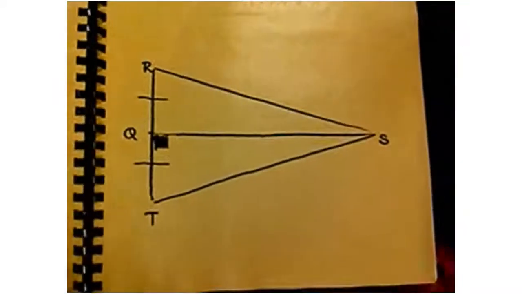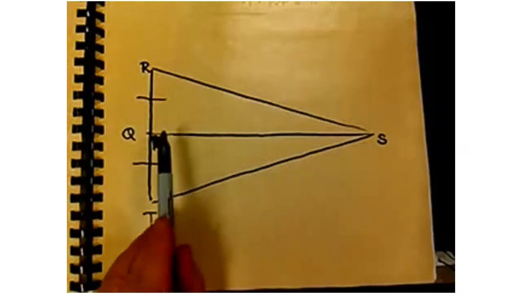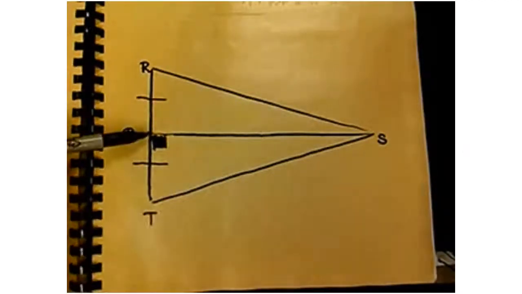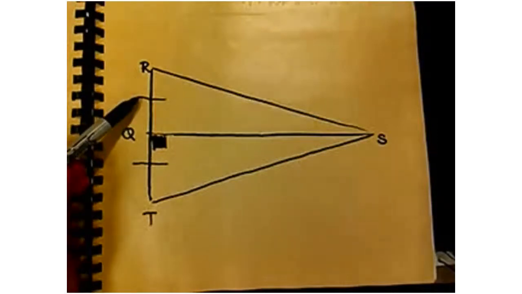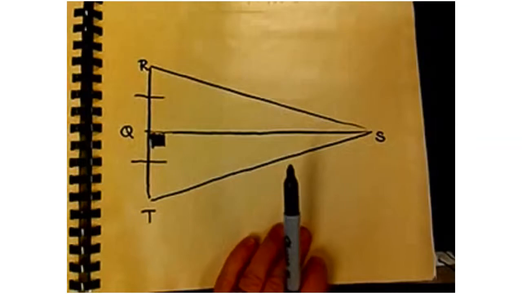It also meets the definition of a perpendicular bisector because it's a line segment that goes through our triangle at a perpendicular angle to one of the sides, and it bisects that side into two equal pieces, indicated with the tick marks. So we would say this is both an altitude and a perpendicular bisector.